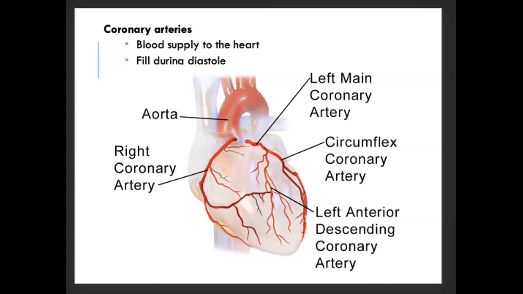We can also have coronary artery disease or atherosclerosis, which is the buildup of plaque. So that's these arteries that end up getting plaque built up in them. And when that plaque gets built up, you don't get as much blood flow.